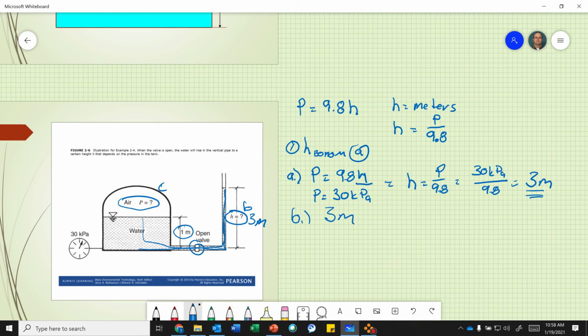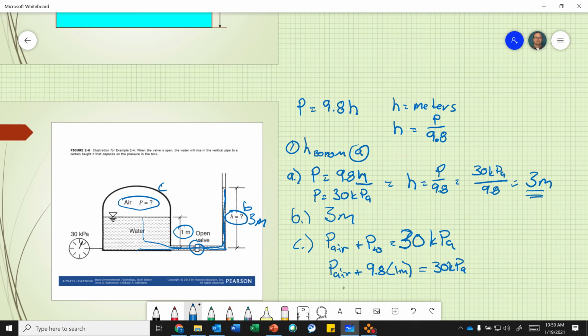And then C is, what is the air pressure? So P air plus P water equals a total of 30 kilopascals. We know we have 1 meter of water, so that's 9.8 times 1 meter, and P air plus P water equals 30 kPa.